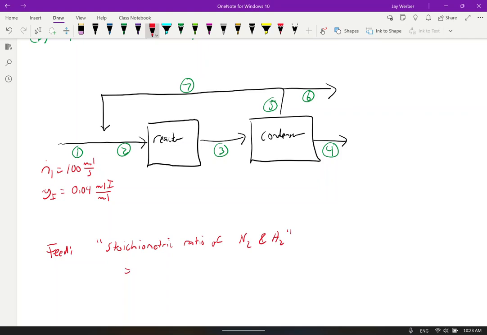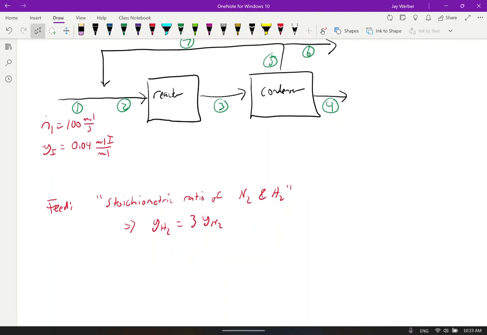And what that means is that YH2 is equal to 3YN2, so that they are equal. And we have that YH2 plus YN2 equals 1 minus 0.04 equals 0.96. Let me go ahead and get my calculator. I think I'm going to be needing it.